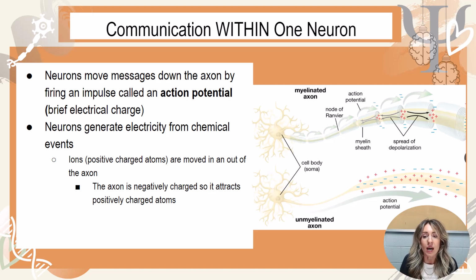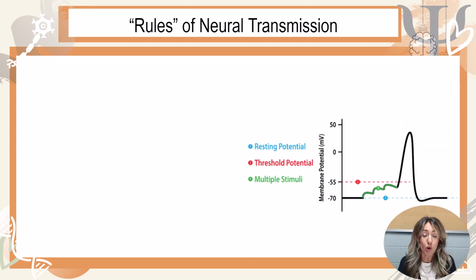As you can see, it's slightly different with myelinated neurons. The action potential jumps from space to space, and with non-myelinated, it just continues in one big message.